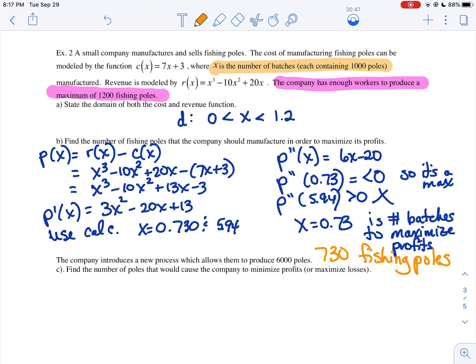All right, the company introduces a new process which allows them to produce 6,000 poles. Find the number of poles that would cause the company to minimize profits. So I think we already have that information, right? We have that from right here. So that would be 5.94 or 5,940 fishing poles.